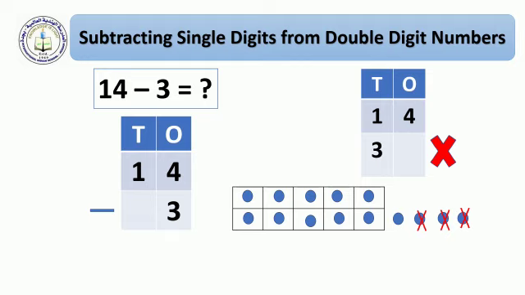Write it in the ones place only. Now come to the tens place. Here we have only 1 ten and there is no number to subtract. So 1 minus none, or 0, is 1 only. So we write 1 in the tens place in the answer column or box. So 14 minus 3 is equal to 11.